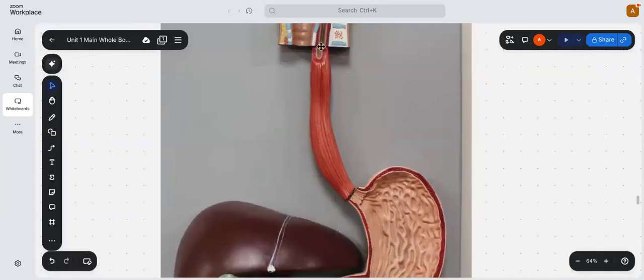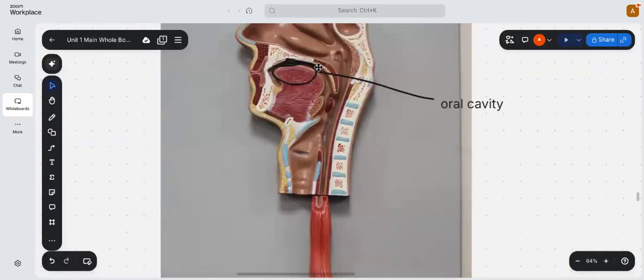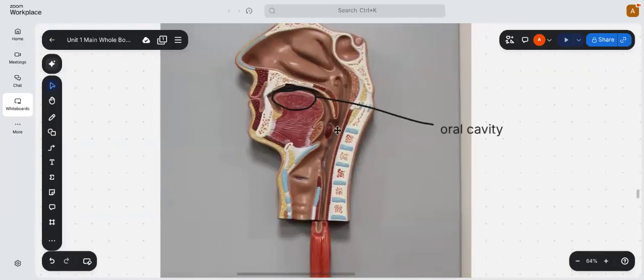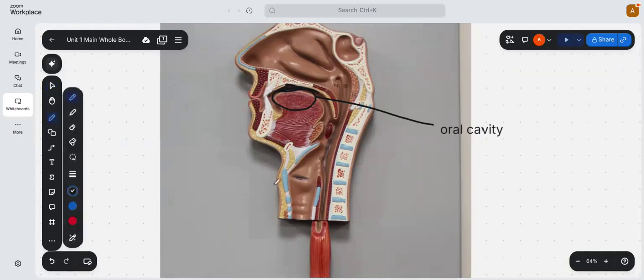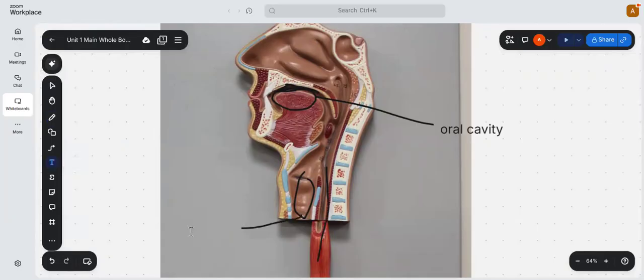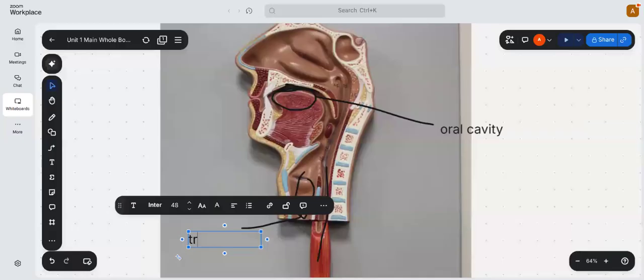And then you have your esophagus. The esophagus begins over here. It starts over here, and then it branches out with your trachea being this region over here. This is your trachea, and then this at the back is your esophagus. So that's why if you ever choke, it's basically because food is going down your trachea instead of your esophagus.